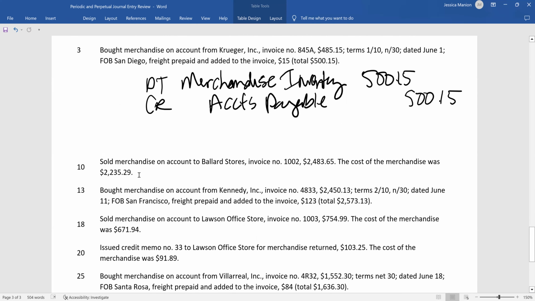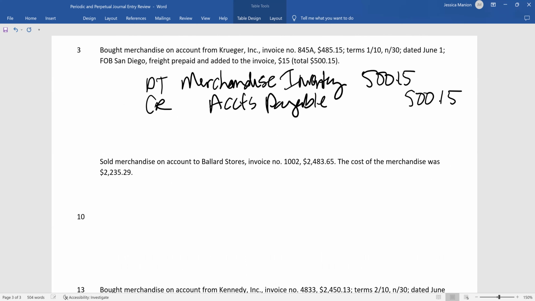On the 10th, we sold merchandise on account to Ballard Stores, invoice number 1002 for $2,483.65. The cost of the merchandise was $2,235.29.